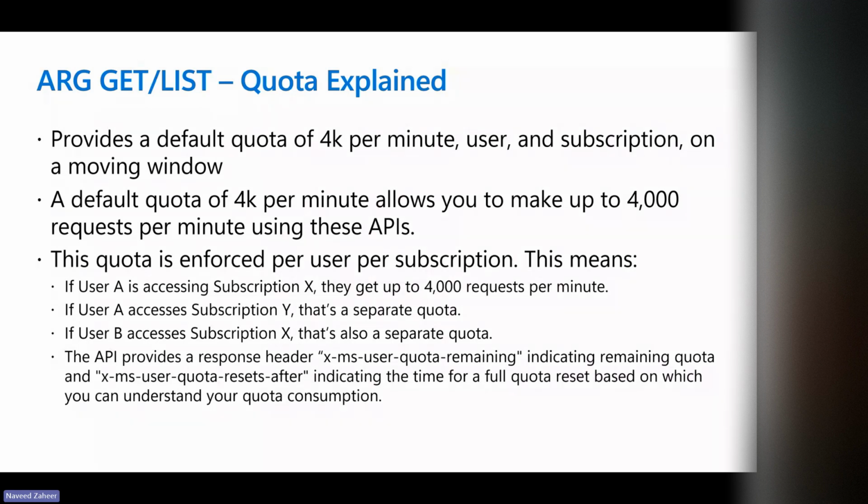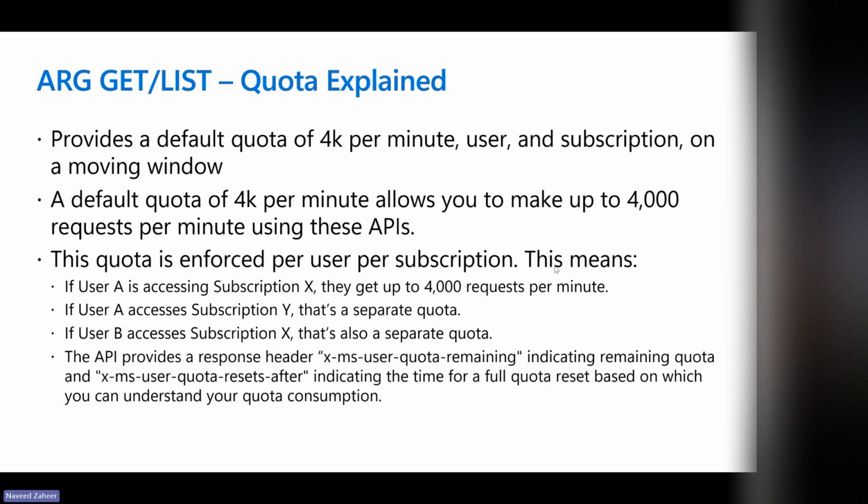Each time that number will decrement, and it will tell you what the remaining quota is and when the quota will reset, so it gives you the window as well. Very nice. What I have seen with this API so far looks really cool, and we will look at it in the demo as well. So let's go further here.